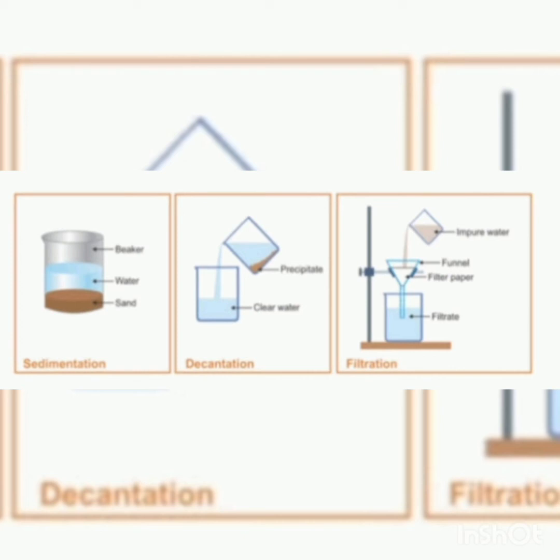This process of pouring the upper clean liquid into another container or beaker is called decantation. In this way we can easily get clean water with the process of sedimentation and decantation. We have to keep in mind this process is only applicable to impurities which are insoluble in the liquids.